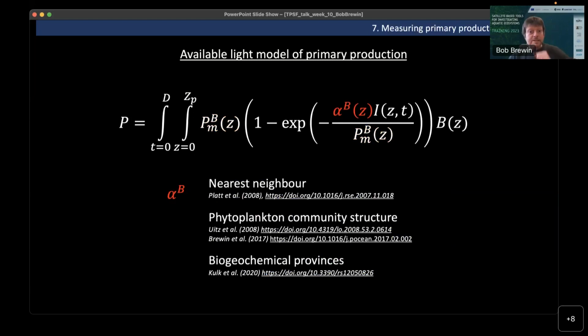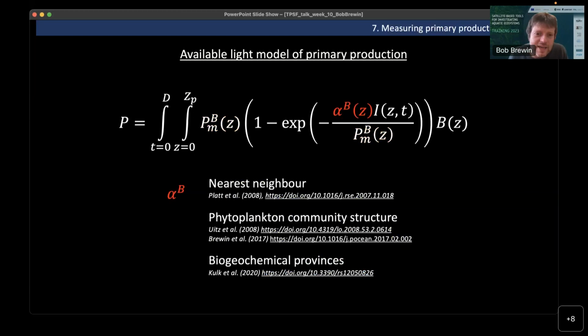Similar to PB max, alpha B is another parameter of this satellite photosynthesis primary production equation that's a little bit tricky to get at. Though there is some nice recent work showing how well estimates of light can help.